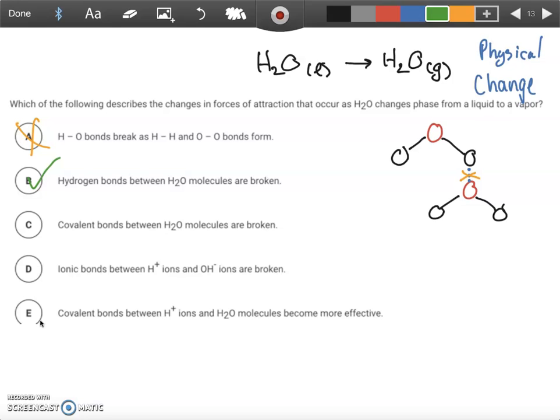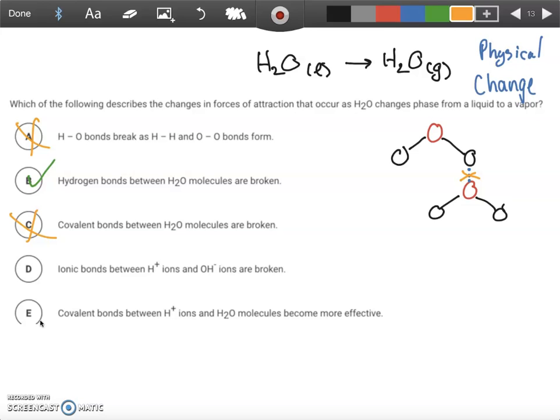The covalent bonds between H2O molecules are broken. Okay, so that's suggesting that we're breaking these right here. That is a no-no. So this one isn't going to work. The ionic bonds between H plus and OH ions are broken. Ladies and gents, is H2O an ionic compound? It is not.